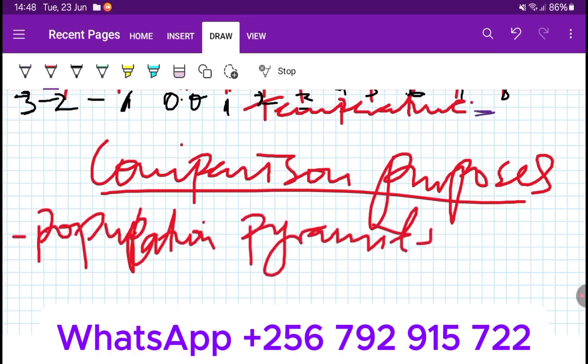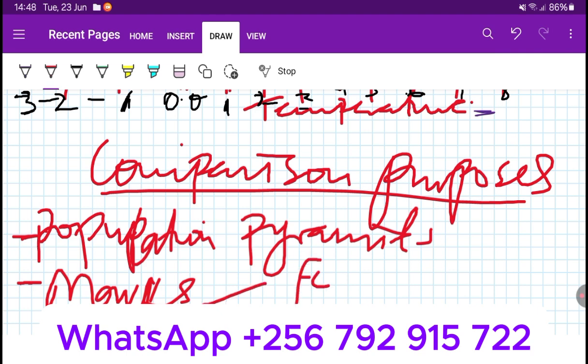if I'm dealing with information, maybe I'm dealing with marks of students, but these marks of students are stipulated into what we call the female and then the male, maybe based on their gender.